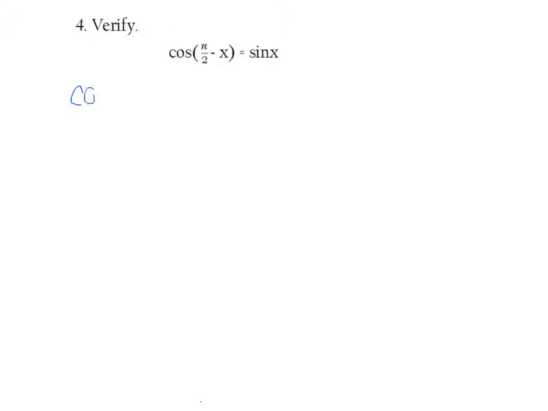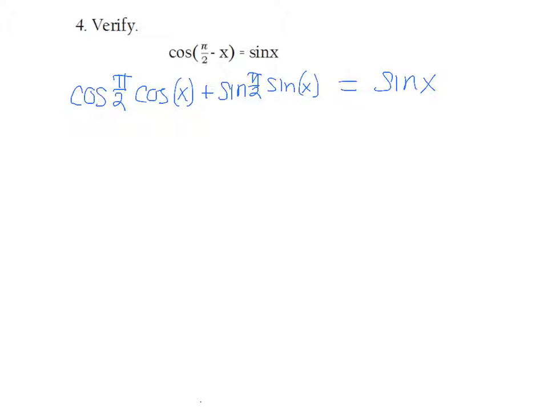Cosine of the first angle, cosine of the second. And then I use the opposite sign. Since that one's a minus, this is going to be a plus. And then I do sine of the first angle, sine of the second angle. That's just the identity. That is supposed to end up equaling sine x.